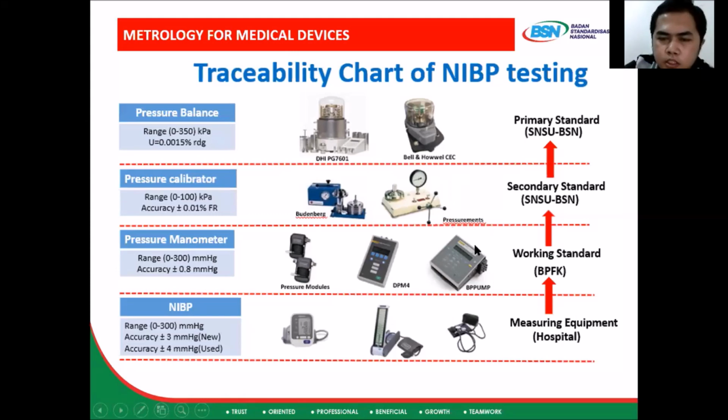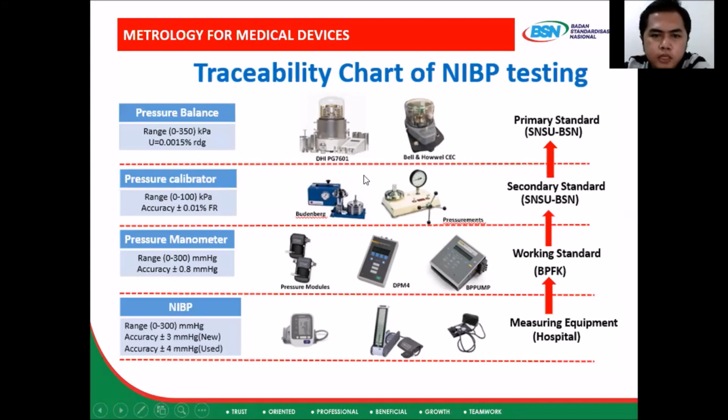However, these pressure values should be traceable to the primary standard. Usually the DPM4 is calibrated using our pressure balance, also with a lower accuracy, but better than the pressure manometer itself.